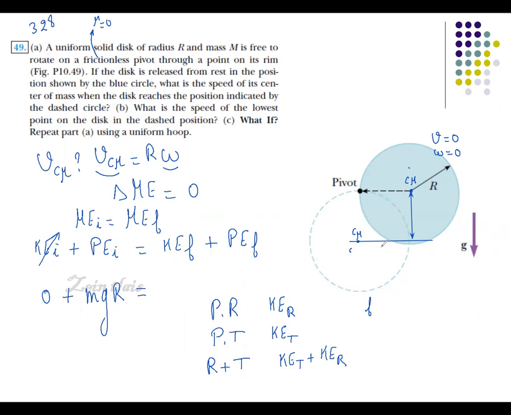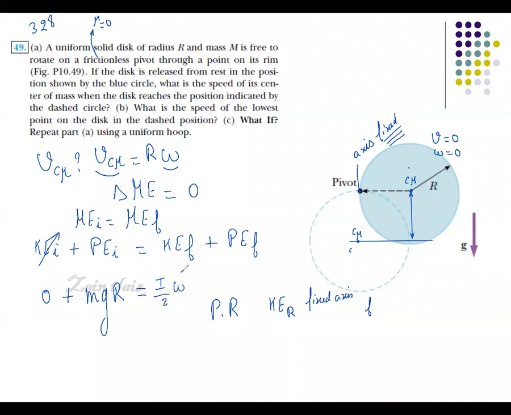In this case, we have only rotation because we have a fixed axis. Pure rotation means a fixed axis; pure translation means sliding, with no fixed axis; and rotation and translation means both. So here we have only 1/2 I omega squared, and at the final position we don't have a height of the center of mass, so the potential equals 0.